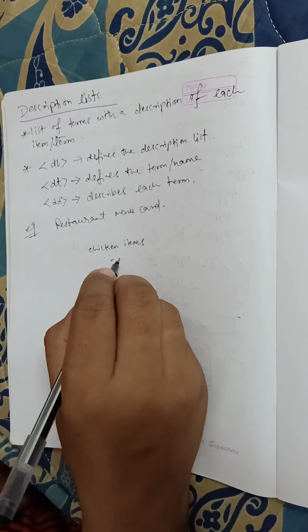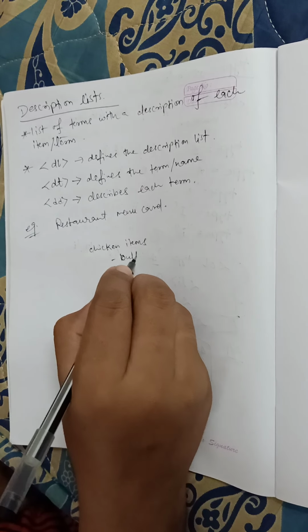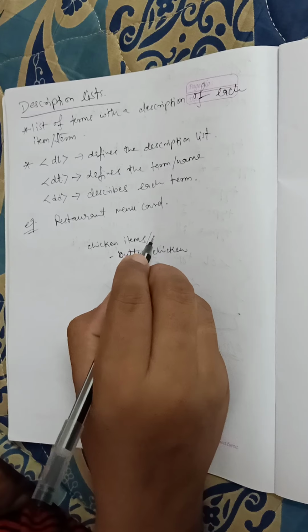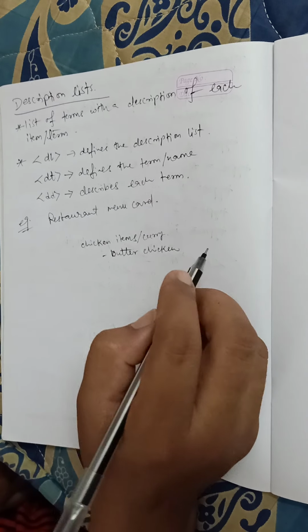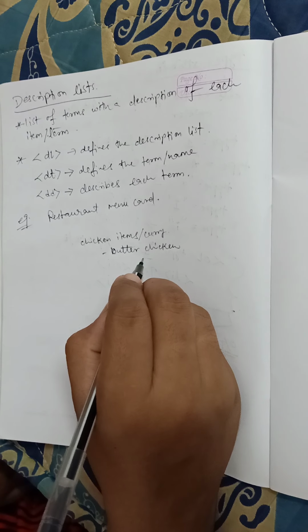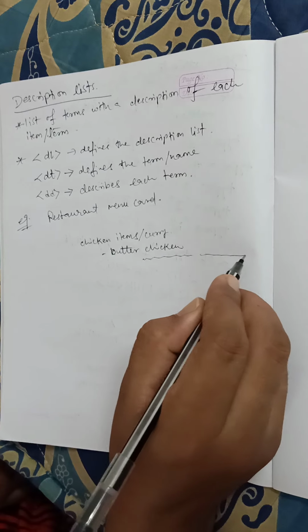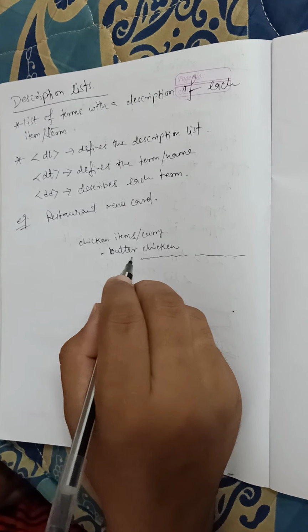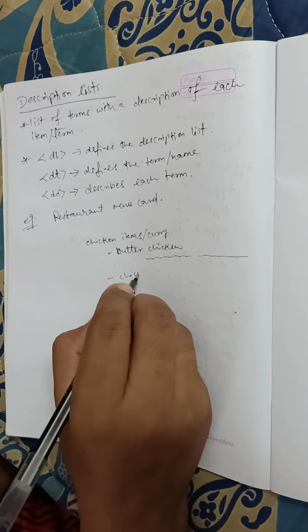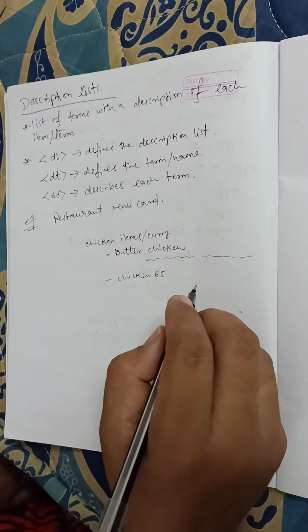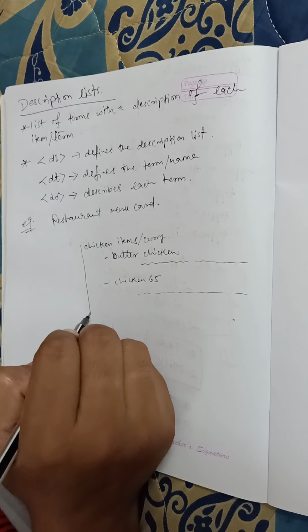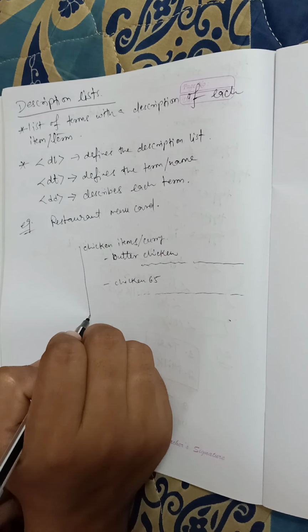Under it, suppose I am having butter chicken, and just below the butter chicken name some description is written about this item. Similarly, suppose we have chicken 65, then again some description is written below it. Okay, so this type of list is your description list.